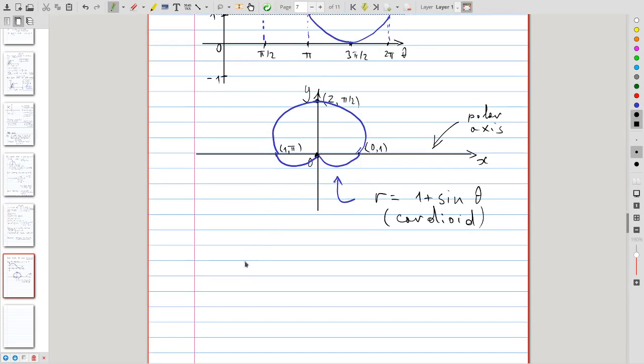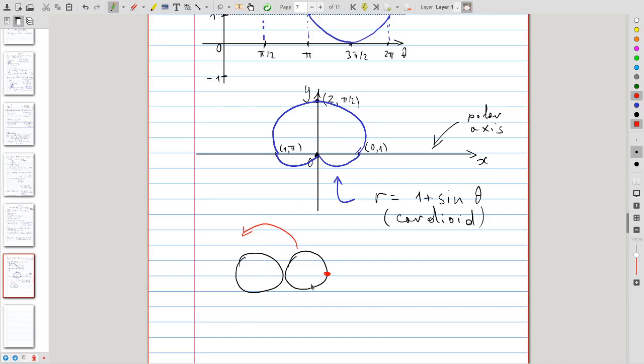You can take two wheels of the same radius. If you fix a point on one of the wheels, and then let the right wheel roll around the left one without sliding, so it touches the left wheel and rolls around it like so, then the trajectory of the red point will be of this form.